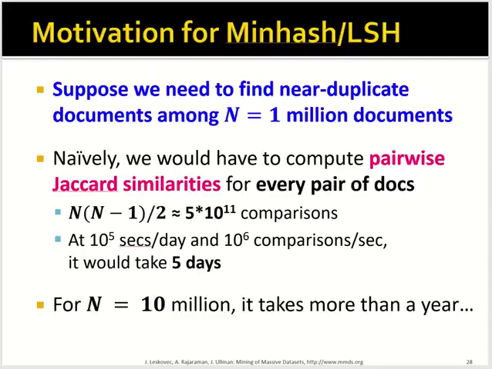So the goal of minhashing is to replace the large sets by a much smaller representation called signatures. The important property needed for the signature is that we should be able to use these signatures to compare two sets and estimate the Jaccard similarity of the underlying sets from the signatures alone.